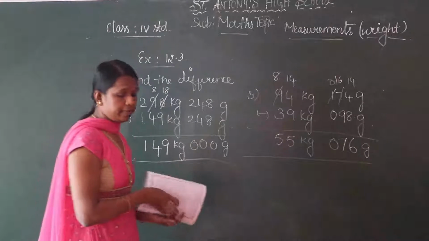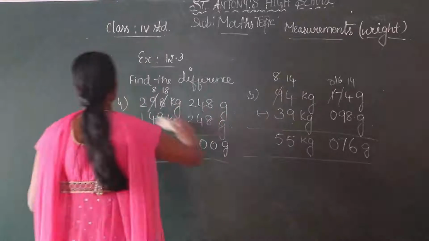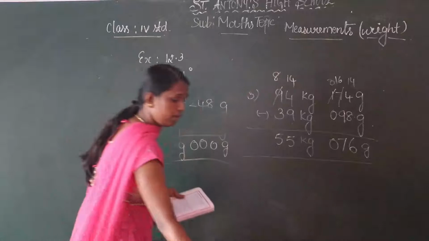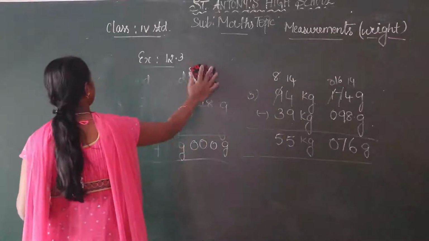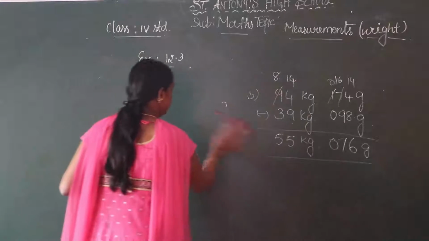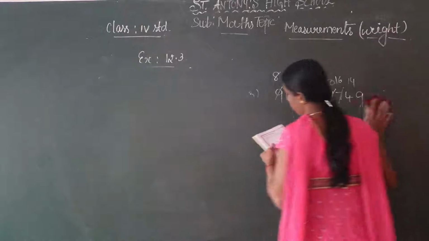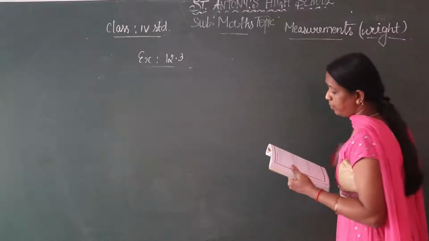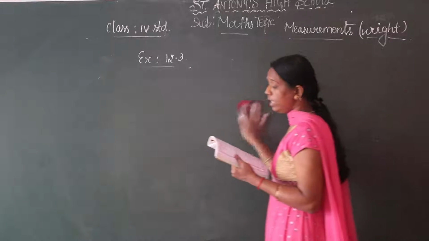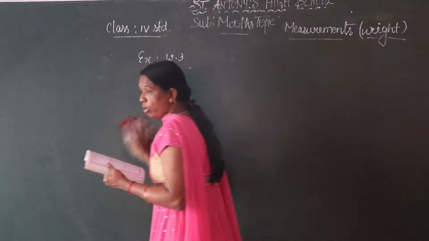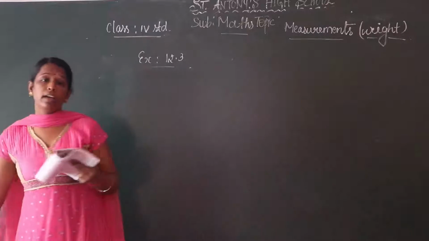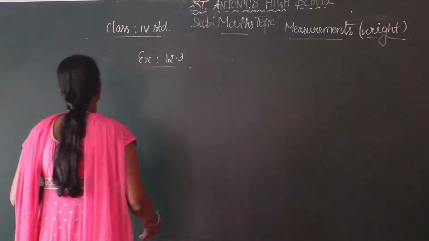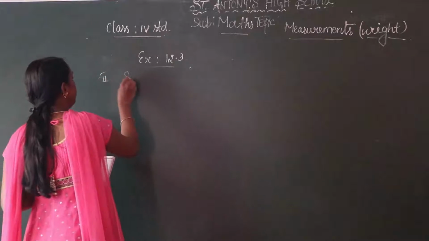Okay, children. Next, second way, that is, solve these sums. Solve the following. In the first question, Abdul bought 30 kg of rice. From this, if 19 kg of rice was used, what is the quantity of rice remaining?